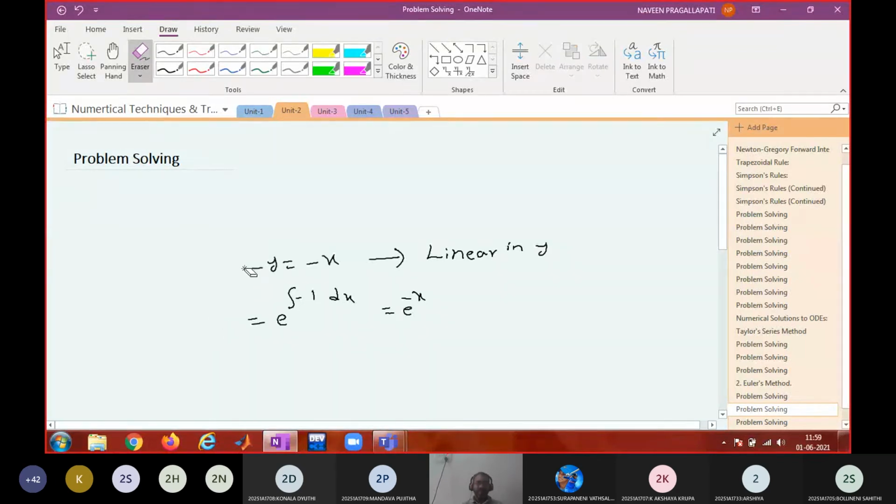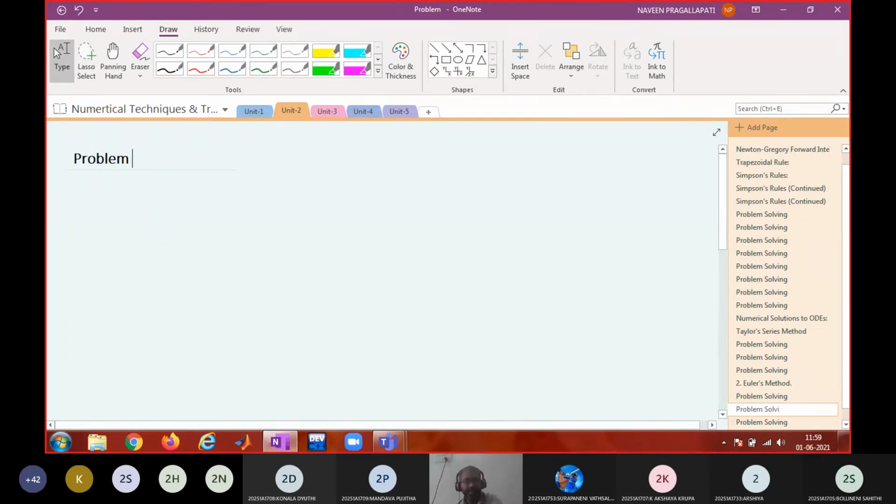So that's about Euler's method. So far you learnt two methods. Next I will write the formula and explain the next method. The remaining discussion we will see in the next class.